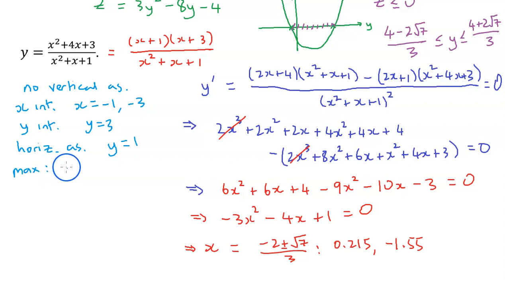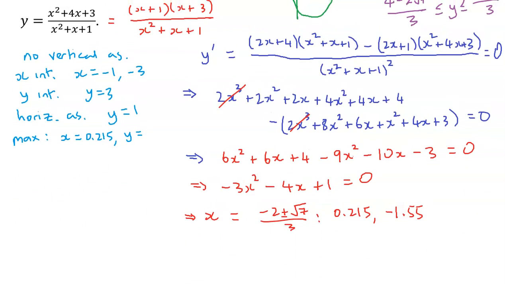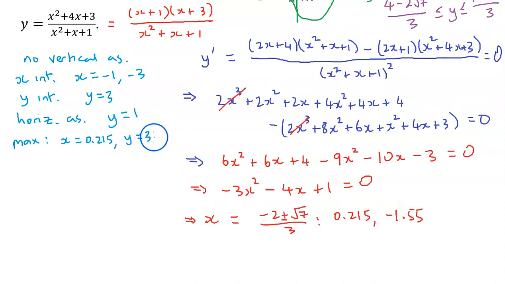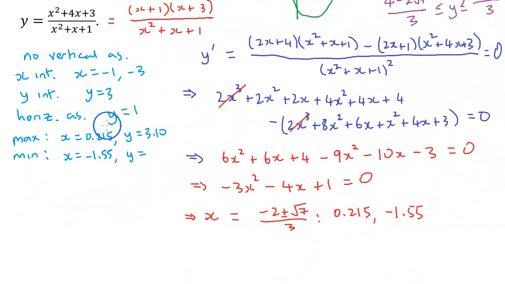The maximum is when x is approximately 0.215 and y was equal to approximately 3.10, and the minimum is when x is equal to approximately -1.55 and y was equal to -0.43.